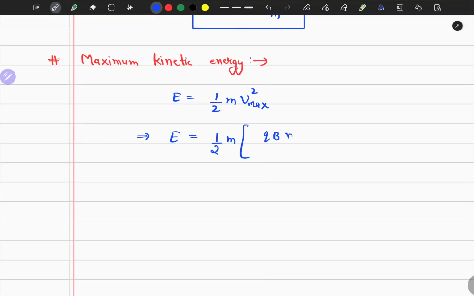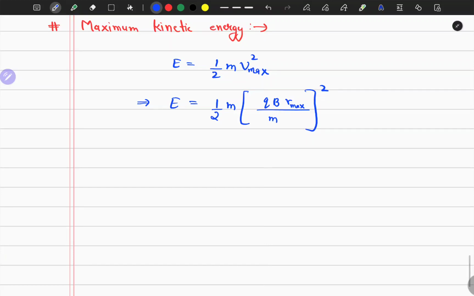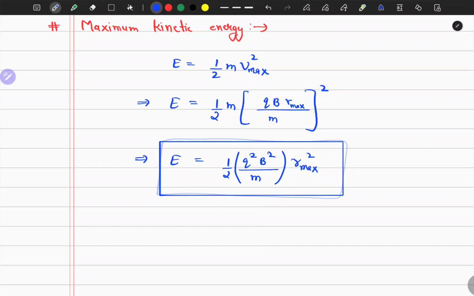Here qBr over m, it should be r max, and its square, cancelling m with m, simplifying it, we get half q square B square over m, 1 m is cancelled out, and r max square. So this is how the maximum kinetic energy that a charged particle is going to acquire is calculated.